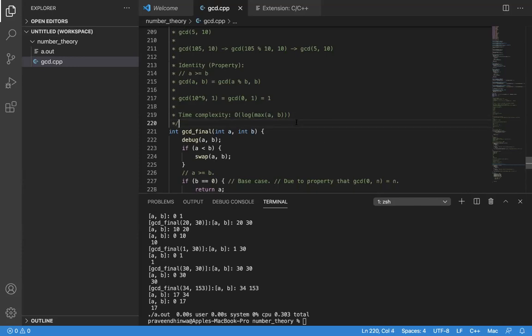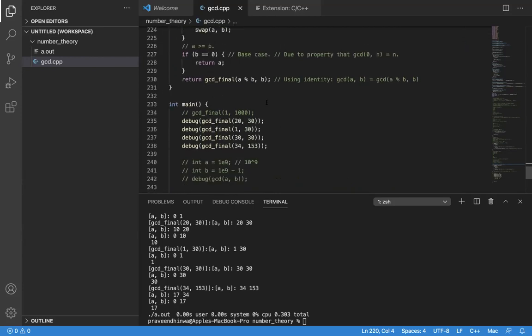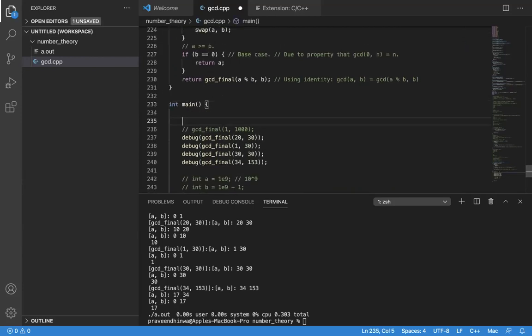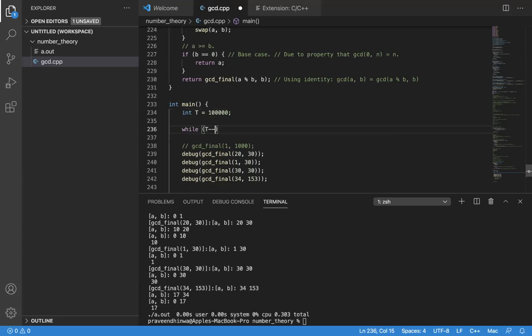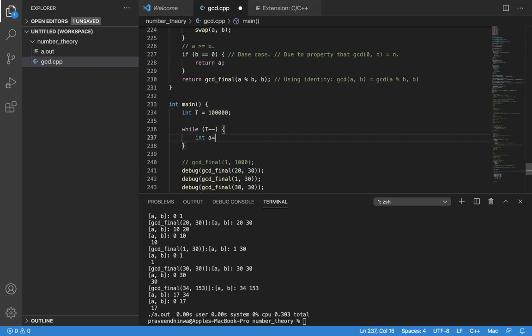So let's try running this program on some random numbers and check how much time it takes. I will make, let's say, 10 power 5 iterations, generate two random numbers, and find their GCD. Random modulo 10 power 9 plus 1.